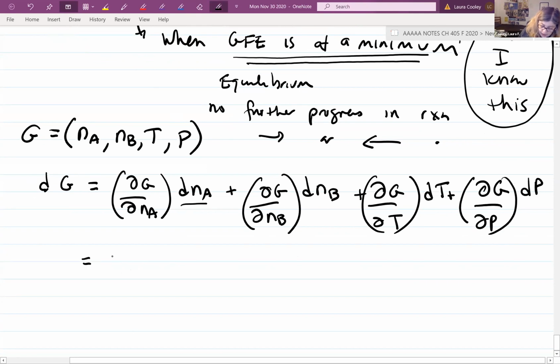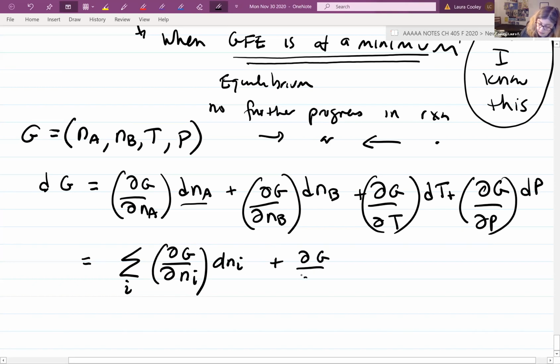In a more general way, this would be the sum over all the components of the change in Gibbs free energy with respect to moles of each component, times the change in moles of each component. And then we would have these other terms here for the temperature and pressure.